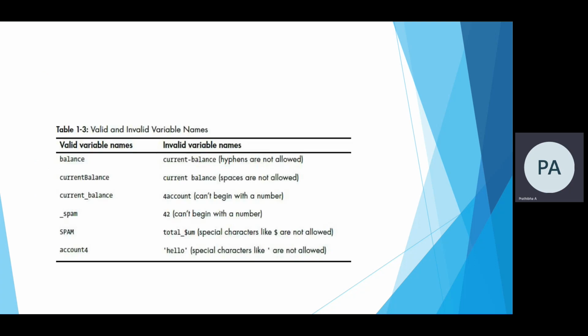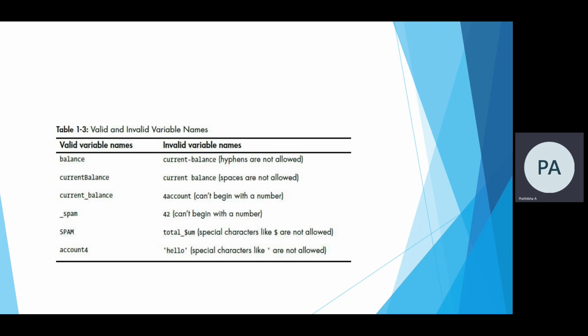You can see valid and invalid examples of variable names. Here, current-balance is invalid, because they have used a symbol or operator, here a minus. It is not an underscore, so this gives you an invalid variable. Again, current balance: they have taken two different words together, but they have given a space.